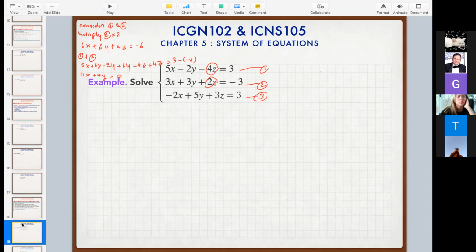After that, when I get this one already, that means I get 11x plus 4y equals 9, right? Then 11x, sorry, just move here.